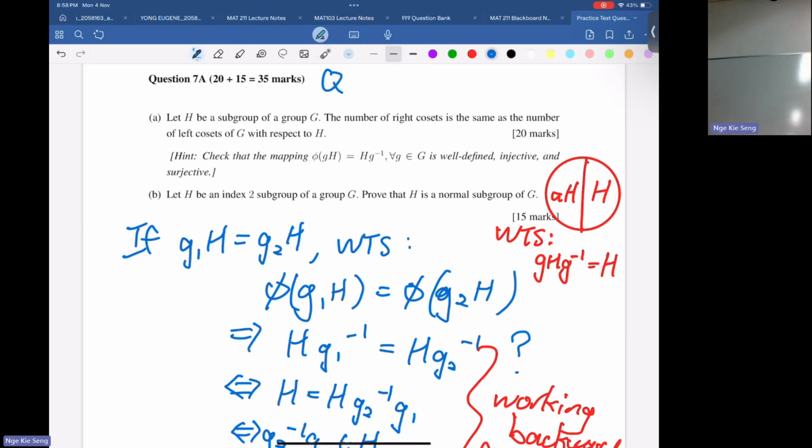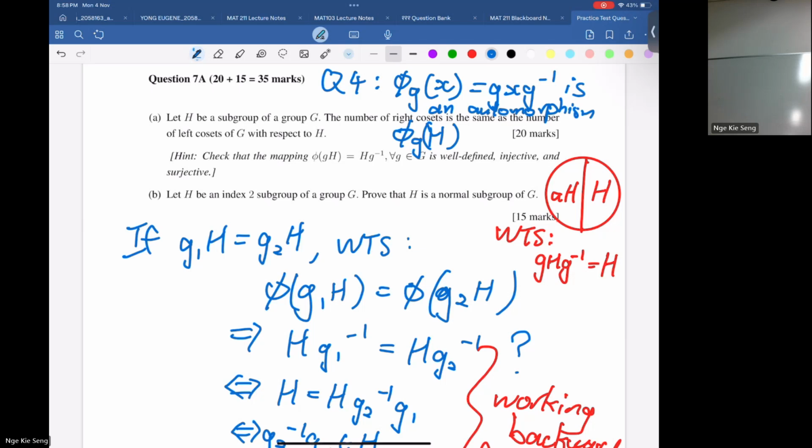Okay, so just now we proved that. From question 4, we know that phi g, this map here, is what? Is an automorphism, meaning it's a homomorphism, right? So you can look at the image of the subgroup. What did we prove in class? The image of a group under a homomorphism is what?